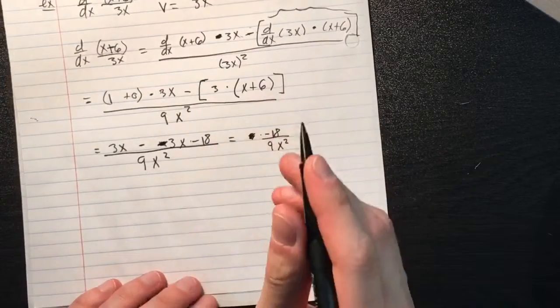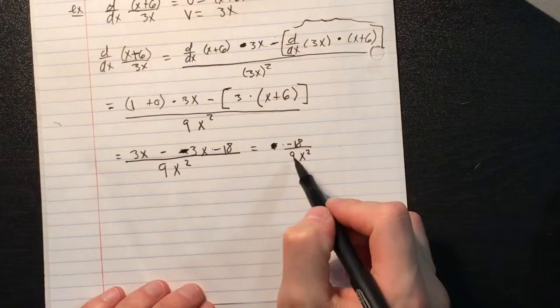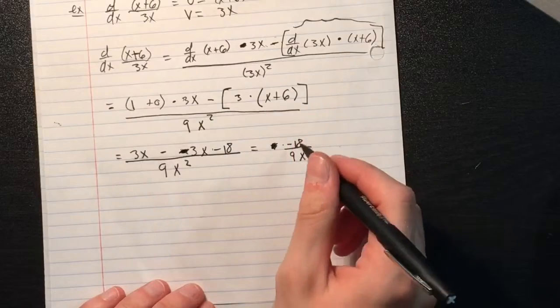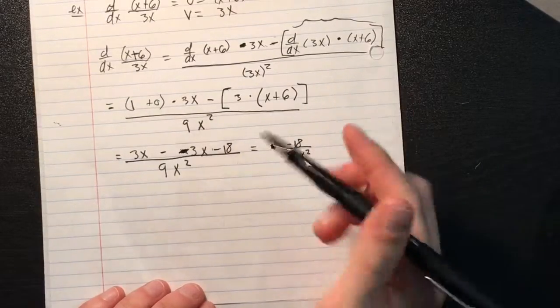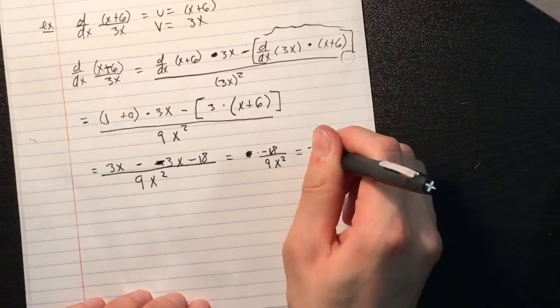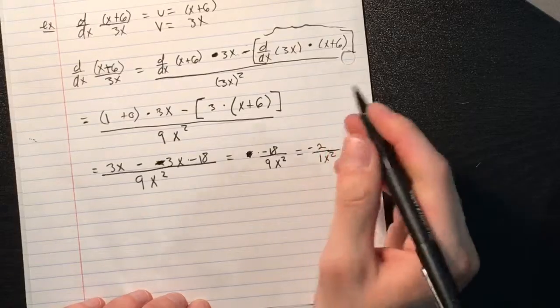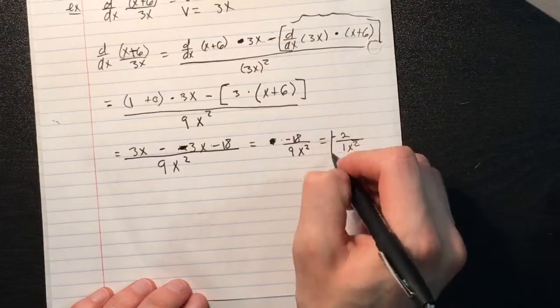Now, this is the answer, but if you notice, a 9 goes into 9, of course, once, and into 18 twice. So this would equal negative 2 over 1, and then we have an x squared on the bottom. Now this is the answer.